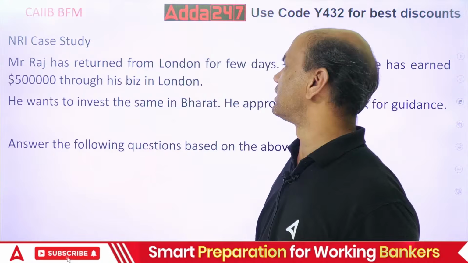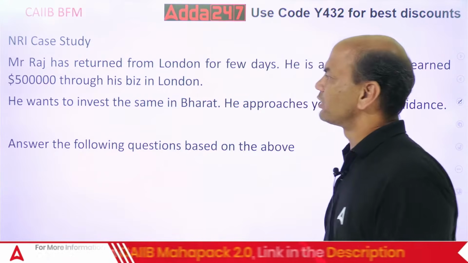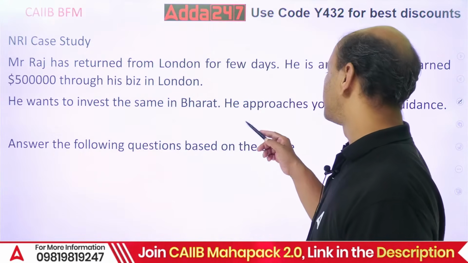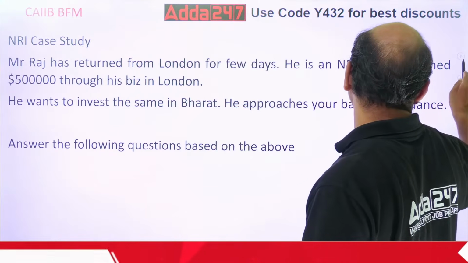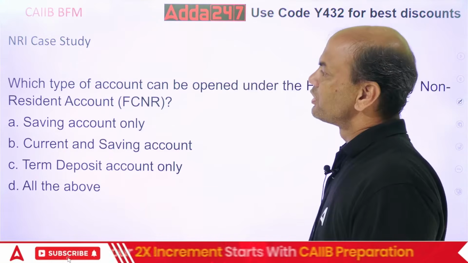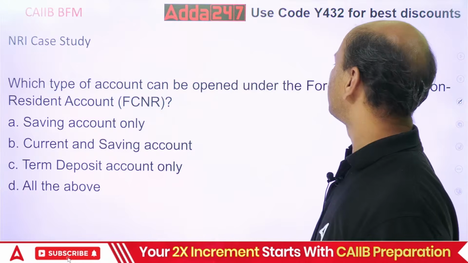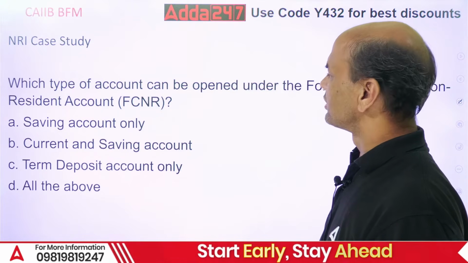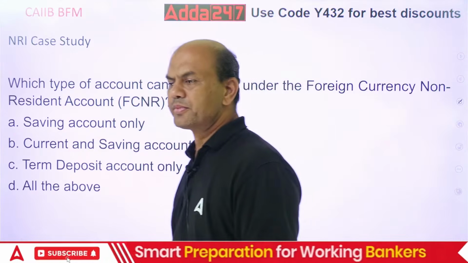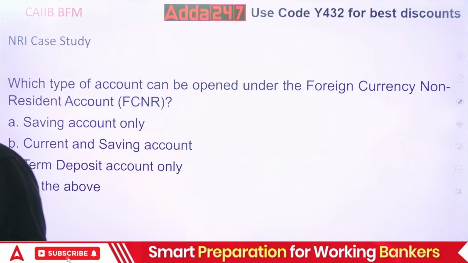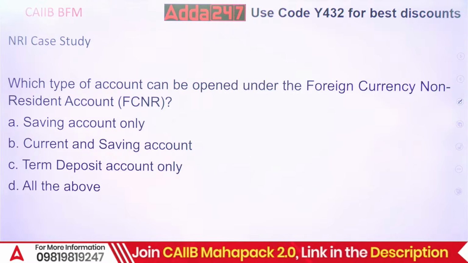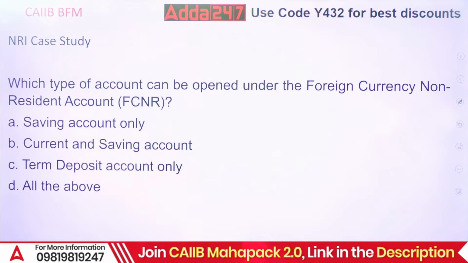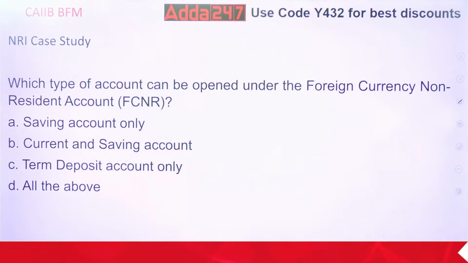Raj has returned from London with $5 lakh, wants to invest the same, and approaches your bank. First question: which type of account can be opened under the foreign currency non-resident account? Suppose you want to tell him to open an FCNR account. Which type of account will you tell him to open? Is it a saving account?